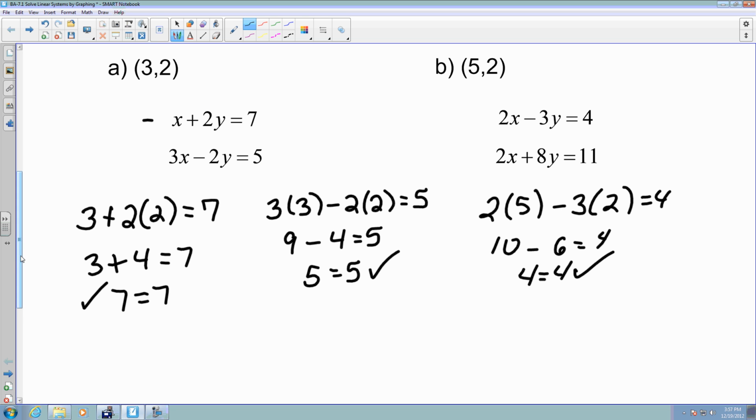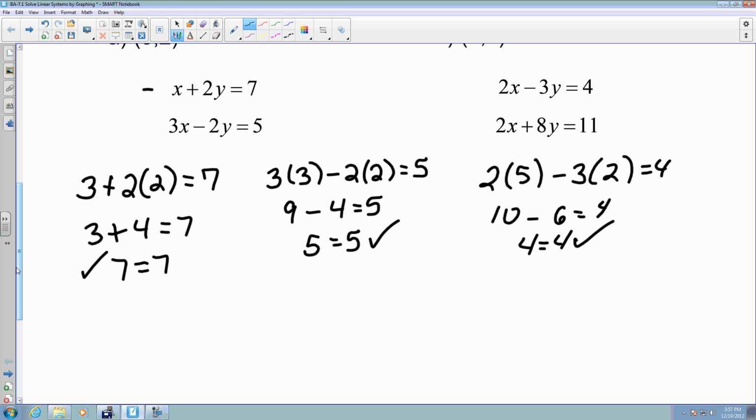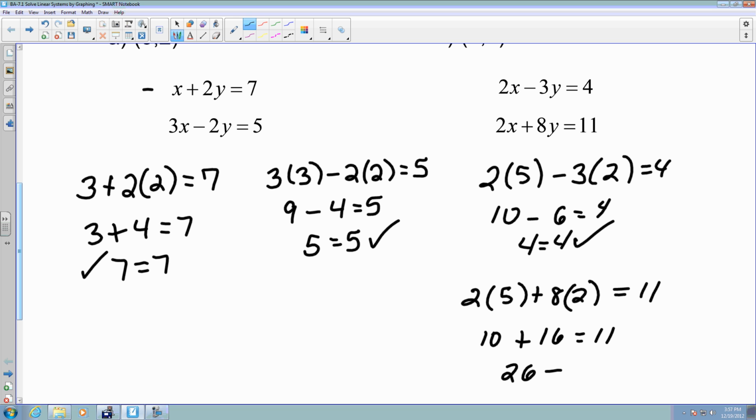Now for the second one, I have 2 times 5 plus 8 times 2 equals 11. So now I have 10 plus 16 equals 11, which means that's 26 equals 11. That's not true.